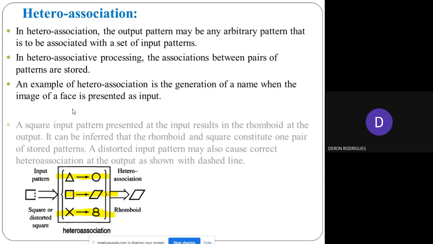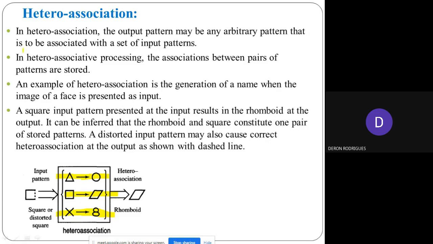So depending upon that, the output. Whenever a square input pattern is presented, although it may be a distorted pattern, I would still get the rhomboid. I will not get a distorted rhomboid. I will get a proper rhomboid, because the distorted square pattern first gets mapped to the square pattern, and then the square pattern gets mapped to the rhomboid because of the hetero association part.